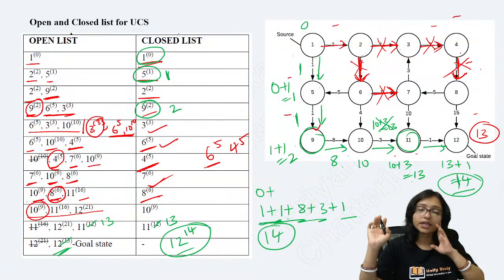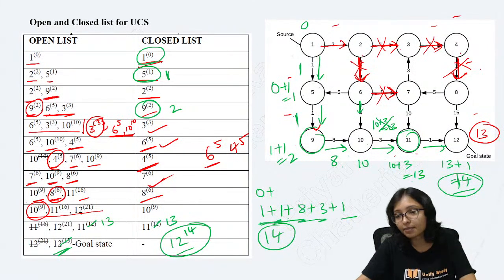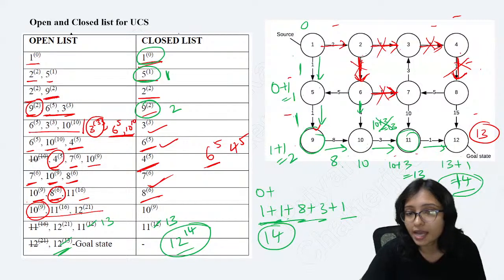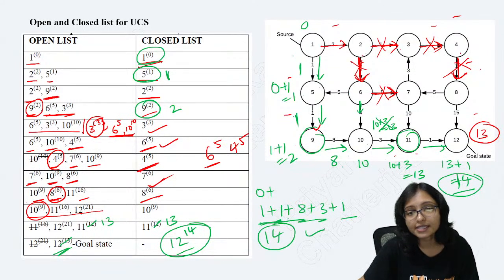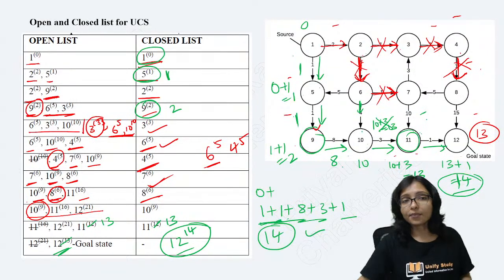Through this path only we are taking minimum, because when I was visiting through this way, then the path was coming maximum, right? So 14 is the correct answer. Otherwise when we explore, this value was coming more. That was where I did the updation.